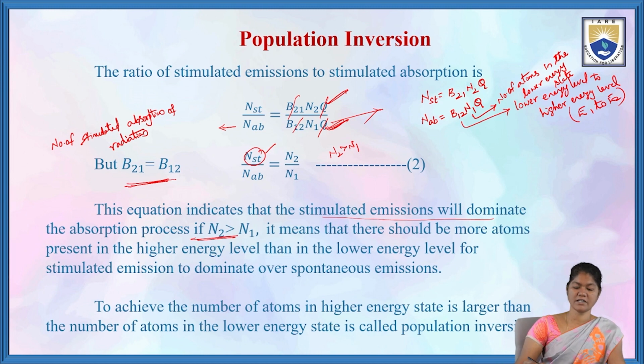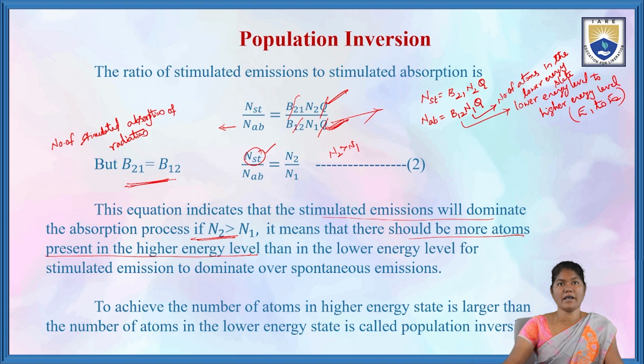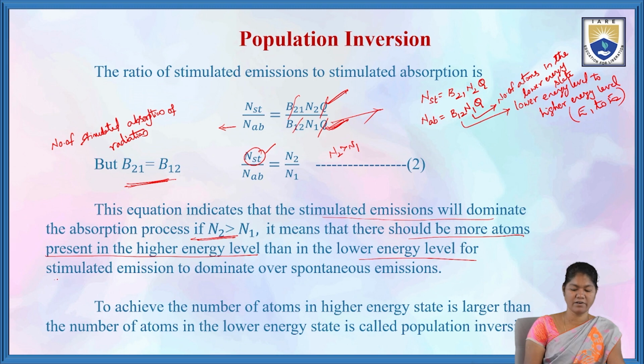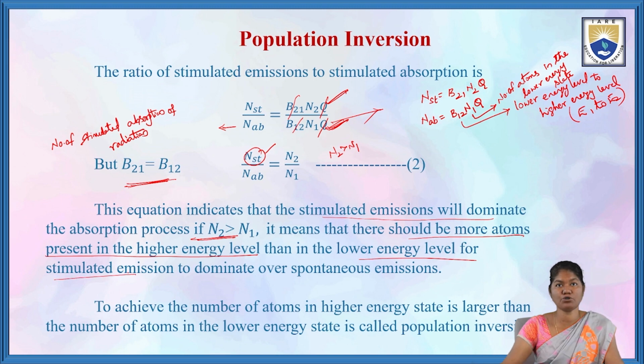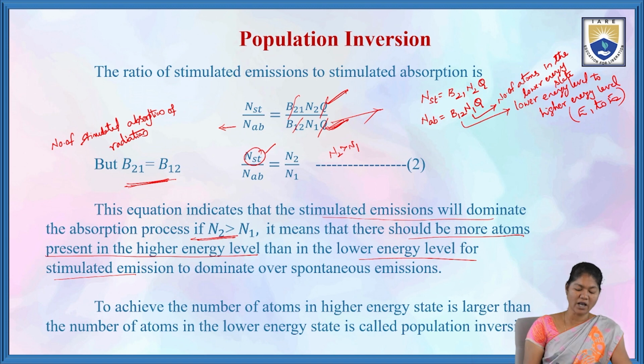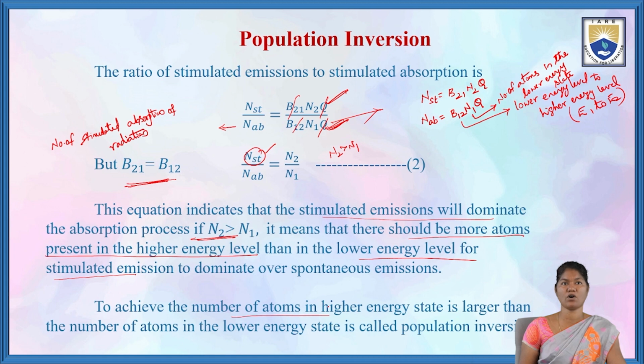So it means that there should be more atoms present in the higher energy level than in the lower energy level for stimulated emission to dominate over spontaneous emission. To achieve the number of atoms in the higher energy state being larger than the number of atoms in the lower energy state is called the population.